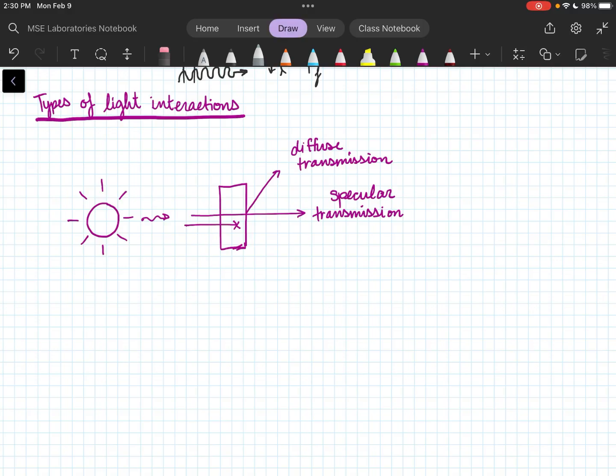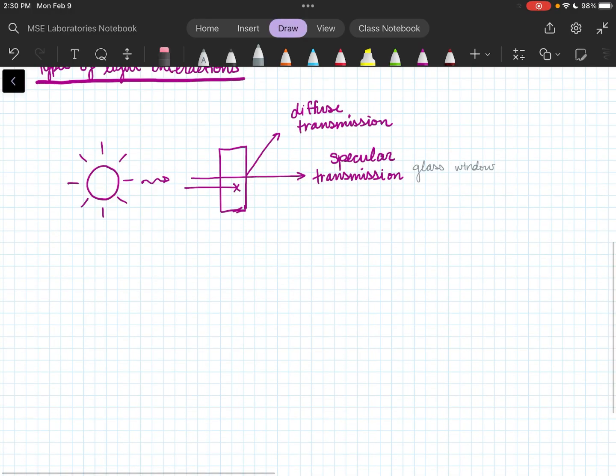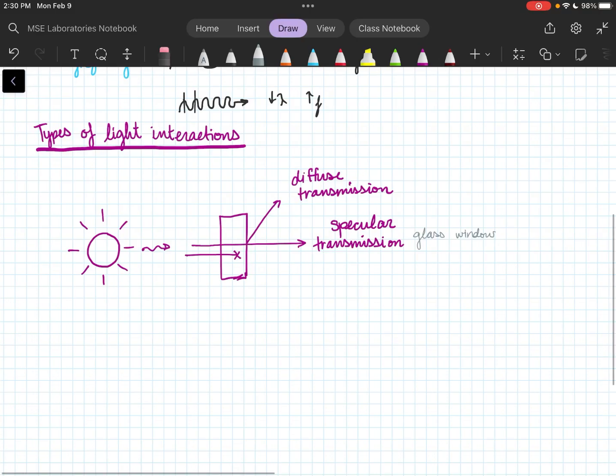An example of specular transmission would be like a glass window. An example of diffuse transmission would be something like wax paper or frosted glass.